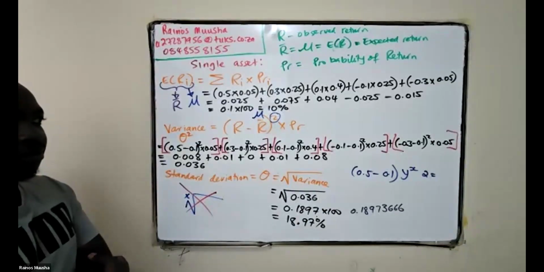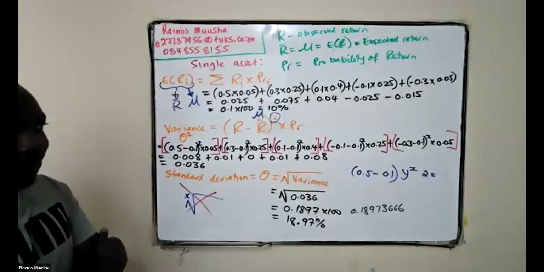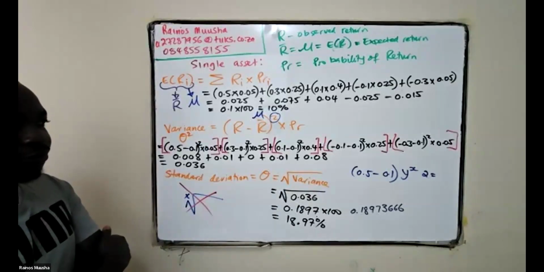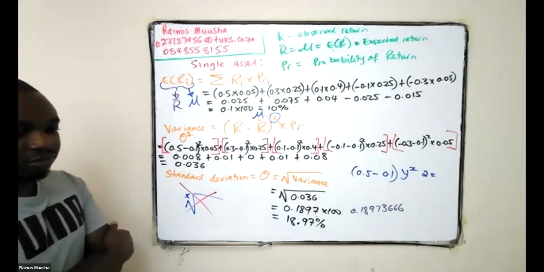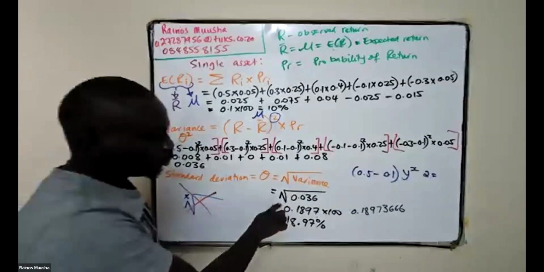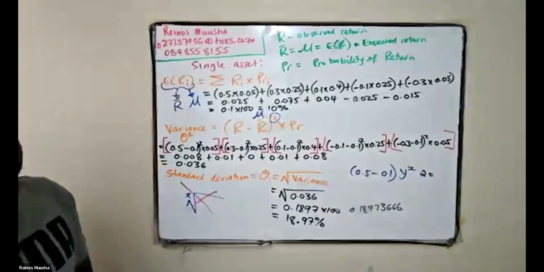No, I don't have a calculator with me yet. Are you using the phone? Yes, on the phone you have the square root sign. Okay, let me just open it. So we're looking for the square root of 0.036.